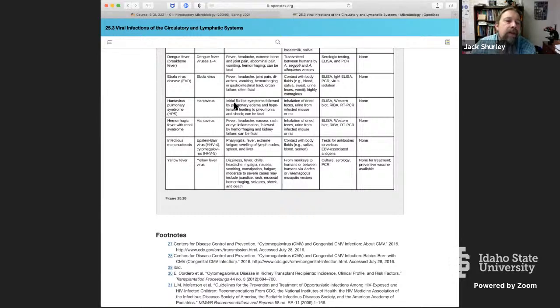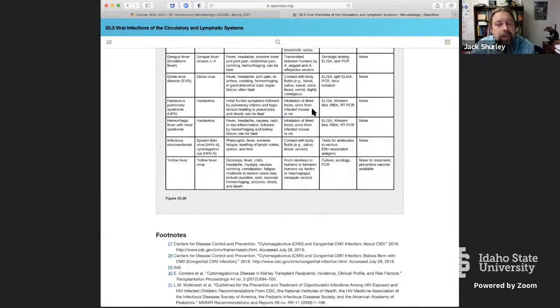So this virus causes flu-like symptoms, and then you get worse progression with pulmonary edema, hypotension, lending to potential shock and possibly a fatal outcome.